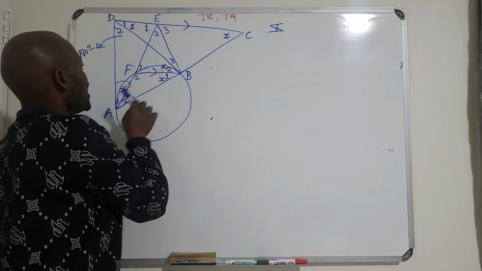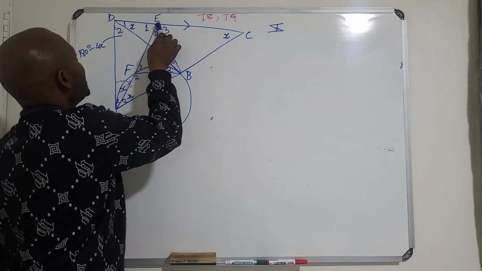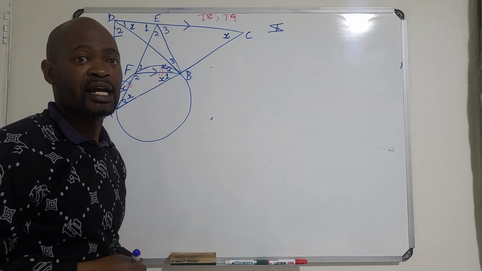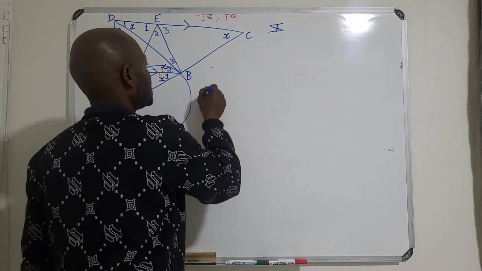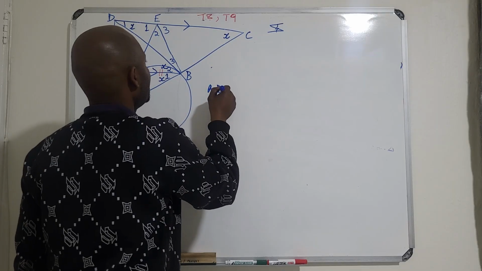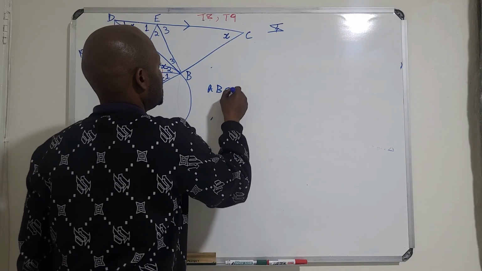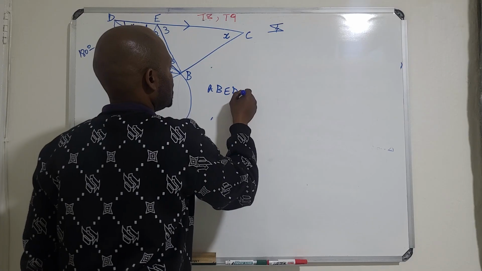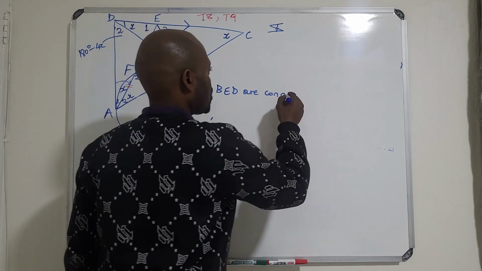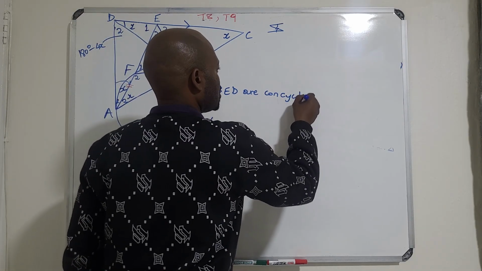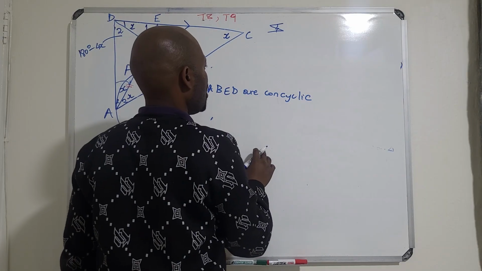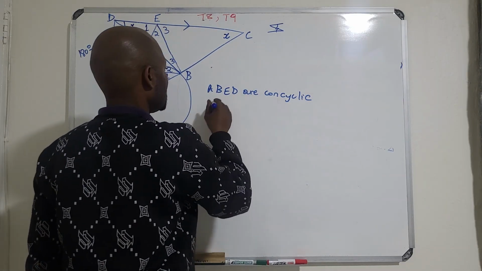This means that ABED are concyclic. Let's write it. ABED are concyclic. Why are they concyclic?